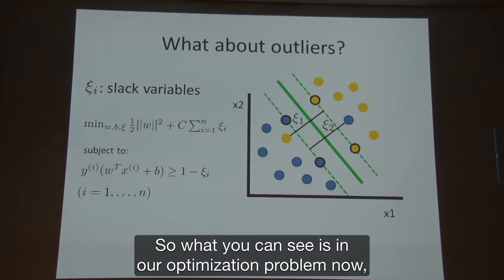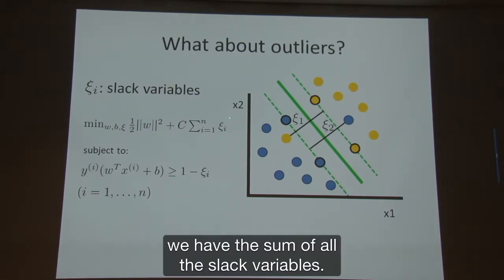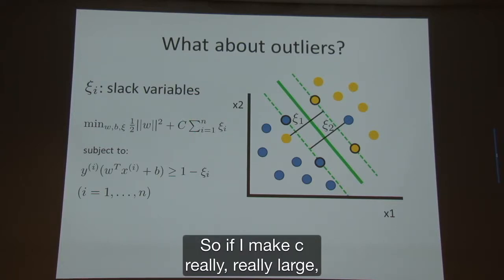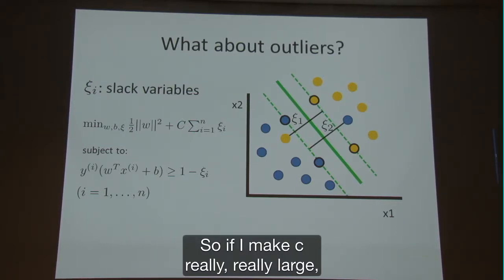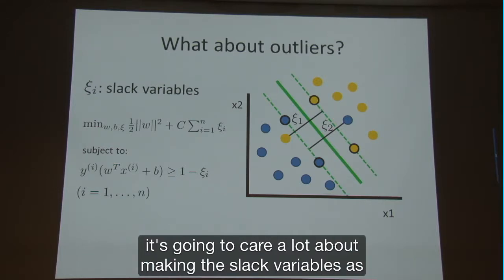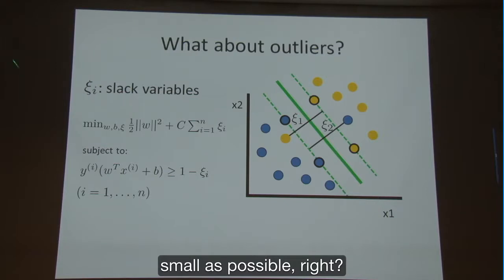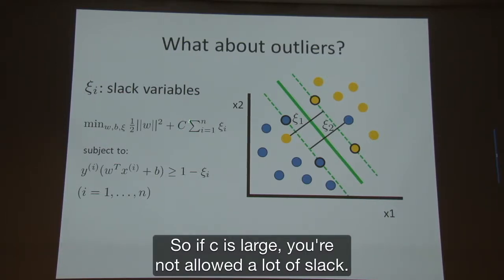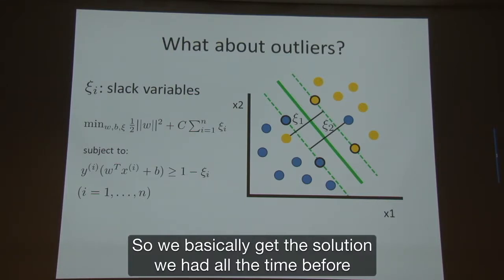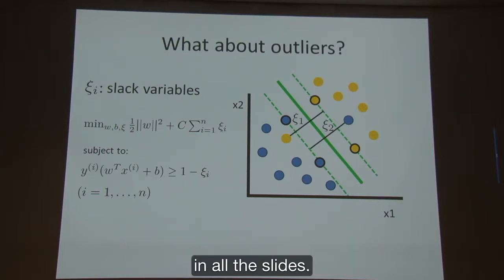So what you can see is, in our optimization problem now, we have the sum over all the slack variables. So if I make C really, really large, it's going to care a lot about making the slack variables as small as possible, right? We're minimizing here. So if C is large, you're not allowed a lot of slack. So we basically get the solution we had all the time before in all the slides.